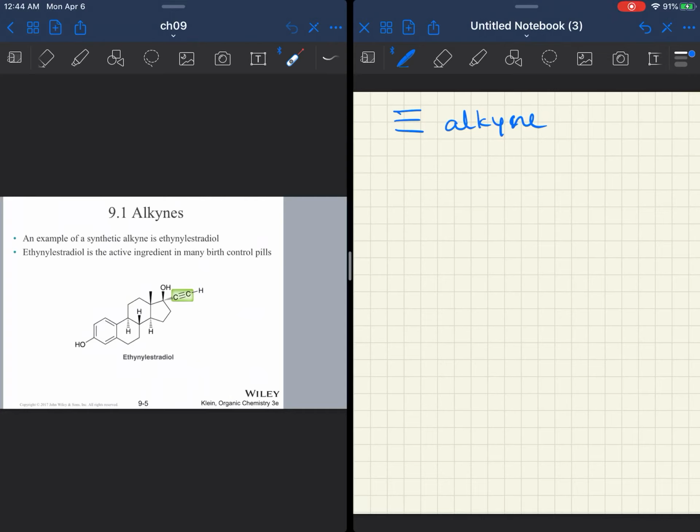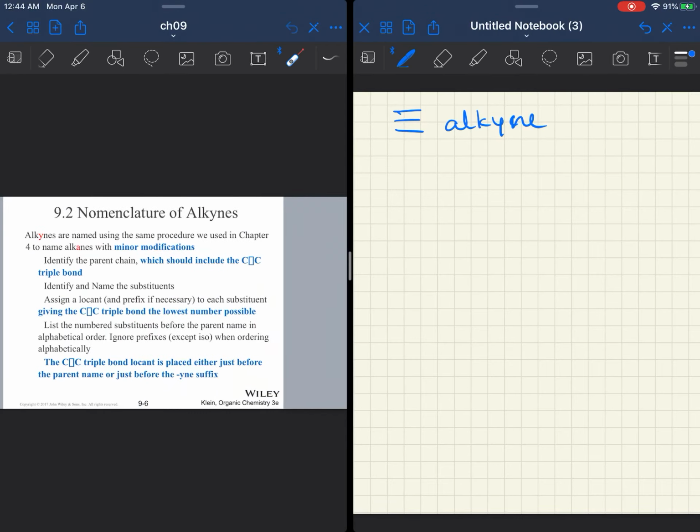There's 1,000 different alkynes in nature. This just happens to be one example. And here is another example of a synthetic alkyne, ethinyl estradiol. It's an active ingredient in birth control. All right, Klein likes to pick out some random examples to show you.